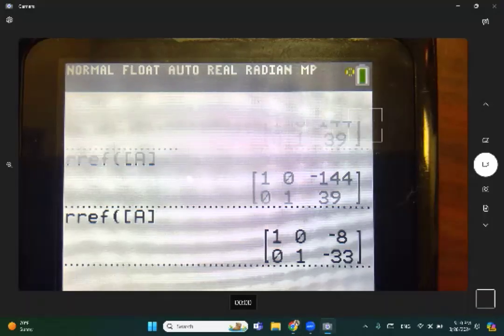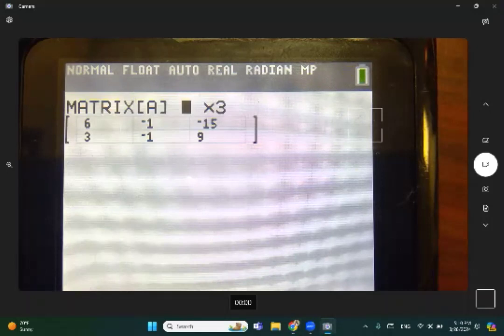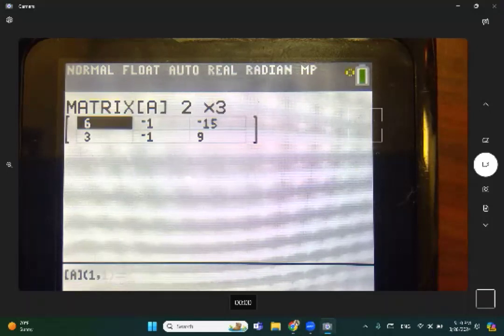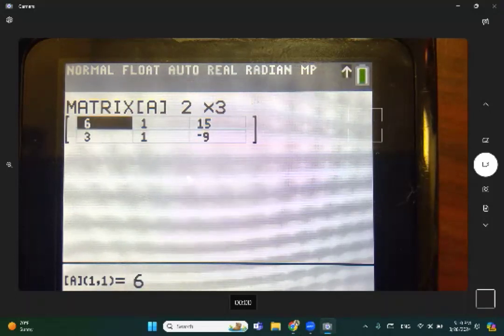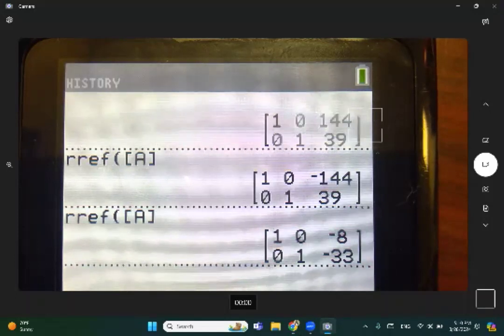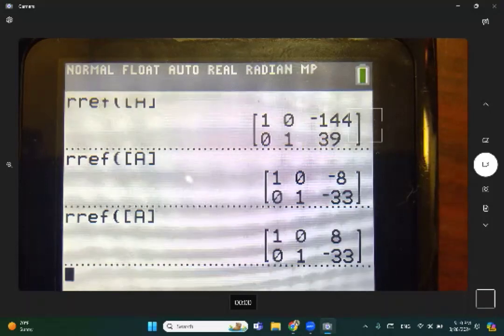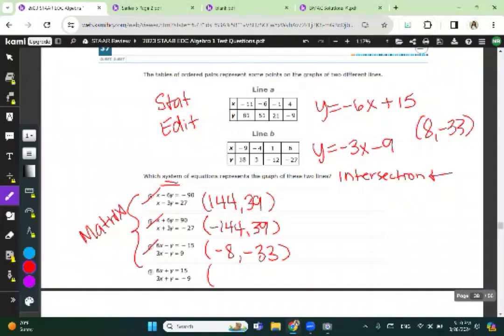Last one, second matrix. 6, 1, 15, 3, positive 1, negative 9. Second quit. There it is, 8, negative 33. So yeah, it's a lot of tedious work, but if you use calculator tricks, it makes it less.